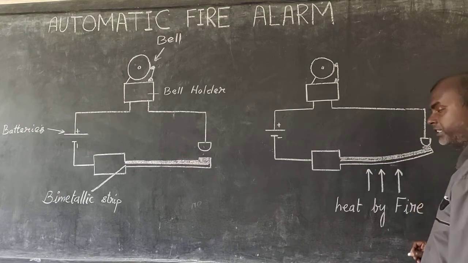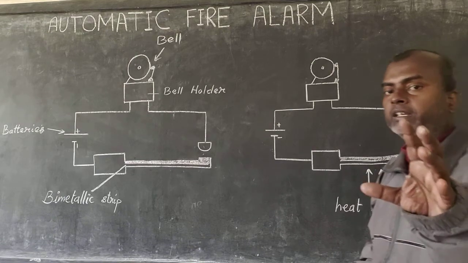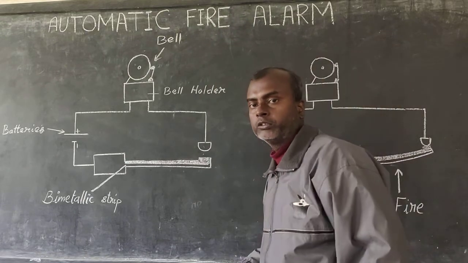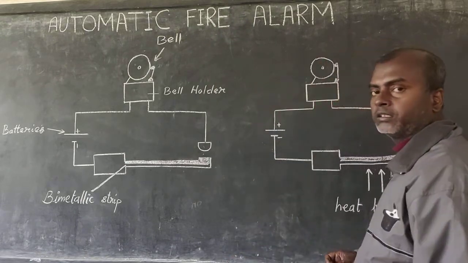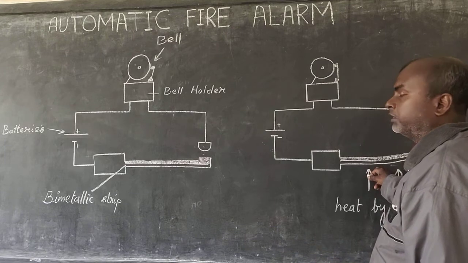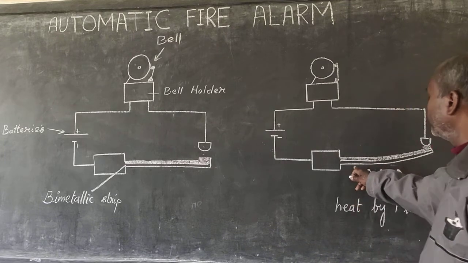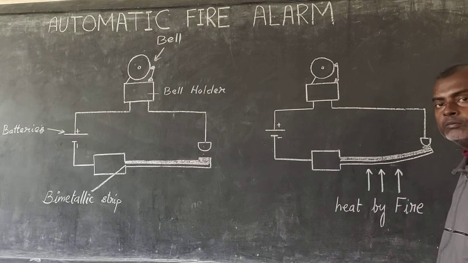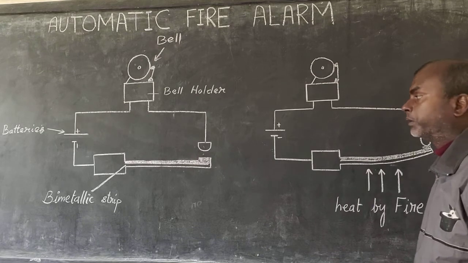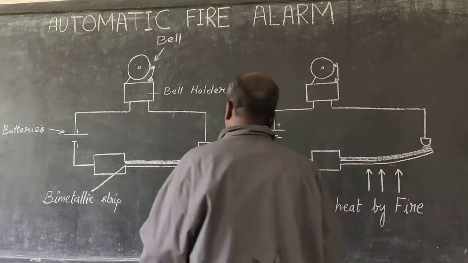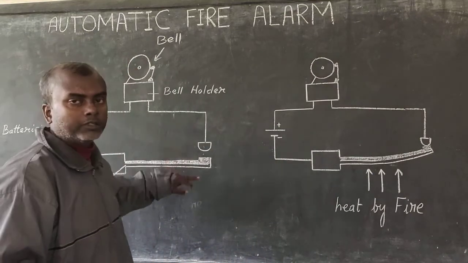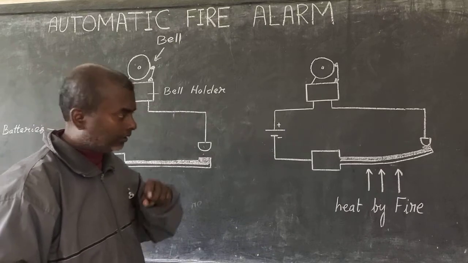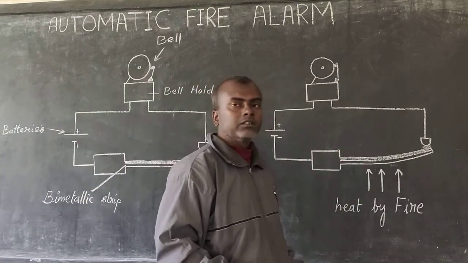So when the room gets heated up, and these fire alarms are located on the top near the ceiling of the house, when the heat from the fire reaches this automatic fire alarm, it will heat the bimetallic strip. The bimetallic strip will bend, as we know, because of the uneven coefficient of expansion of the two metals. The metal, instead of expanding linearly, will bend.